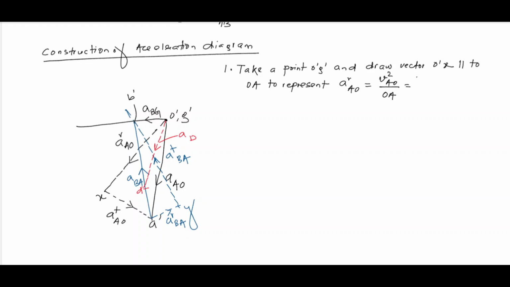So V square AO is 10 square divided by OA, which was 0.2. So it is 500 meter per second square. As per a scale, we draw first this O dash x.